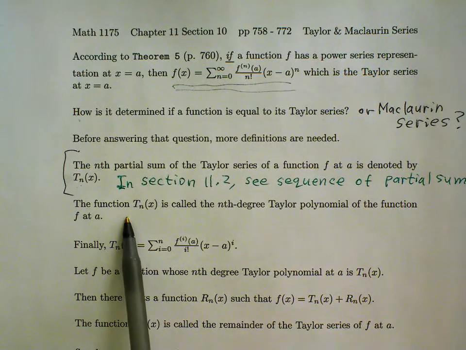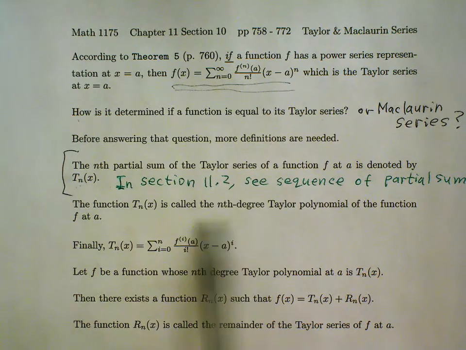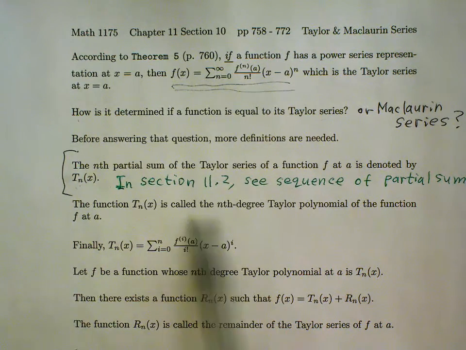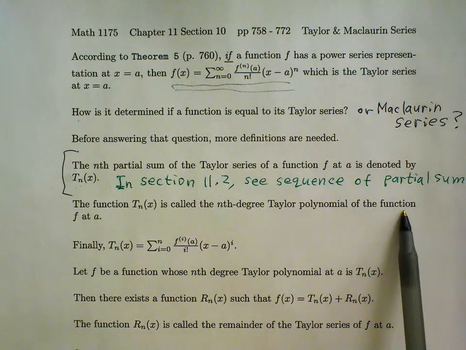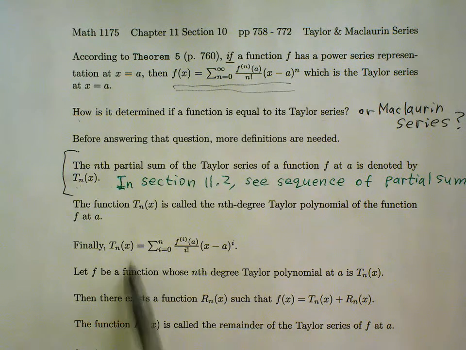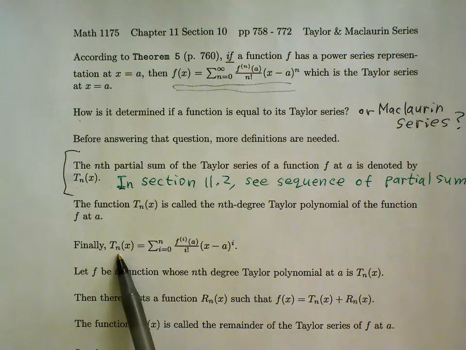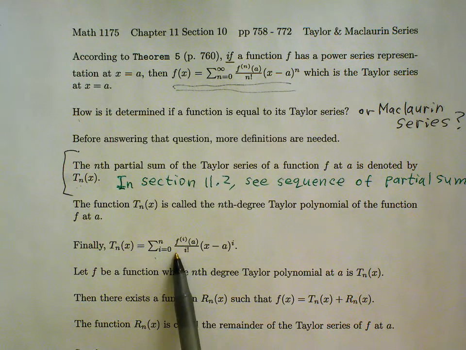The nth partial sum of the Taylor series, denoted by t sub n of x, is also called the nth degree Taylor polynomial of the function f at a. So using sigma notation, t sub n of x is the sum from i equals 0 to n.